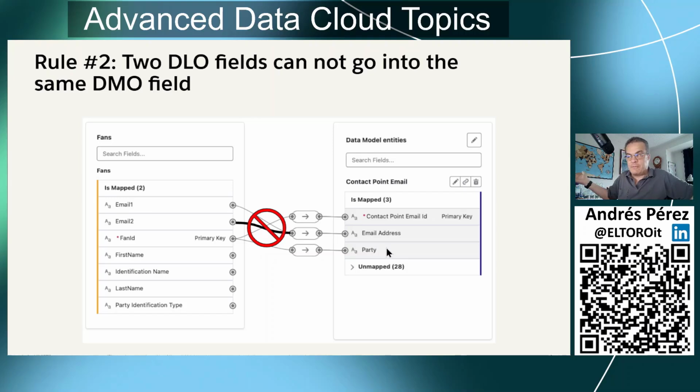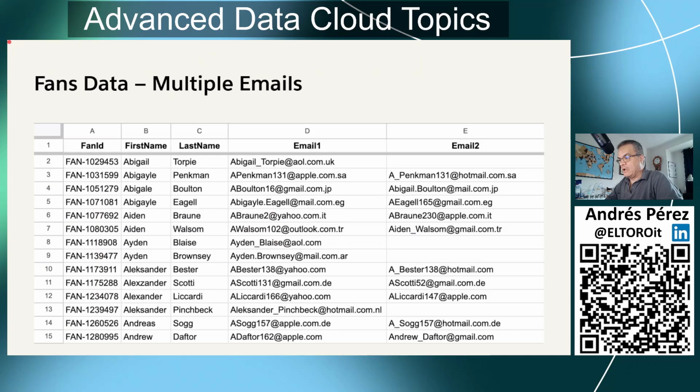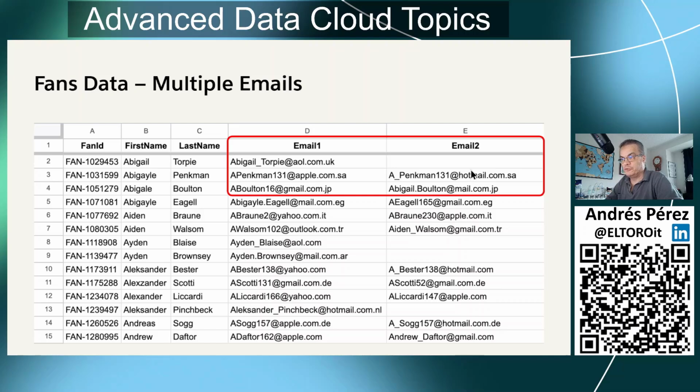So how do you solve that particular problem? I want both emails. What do I do? Well, what you need to do in that particular case, and is basically what I have in this picture here, is that notice that our customers have two different emails. Okay, so this is a Pinkman 131 at Apple, and this is at Hotmail. This is Gmail, and this is Mail, whatever. So two different emails, and I want both. So what do I do?